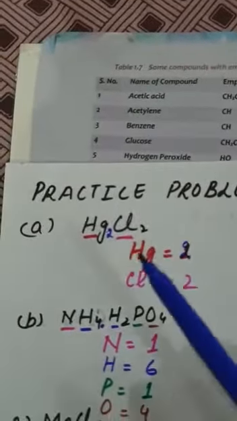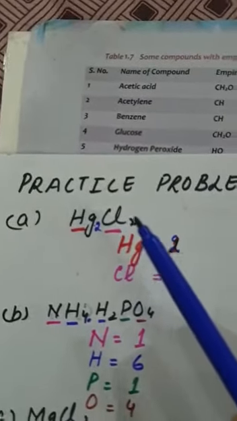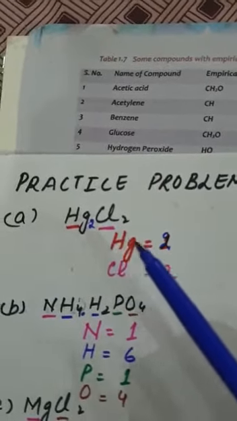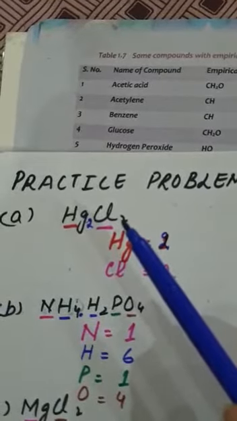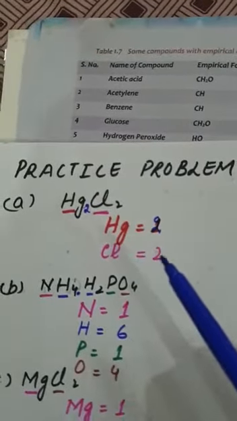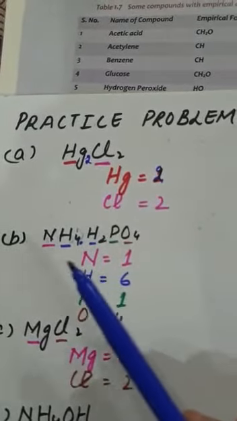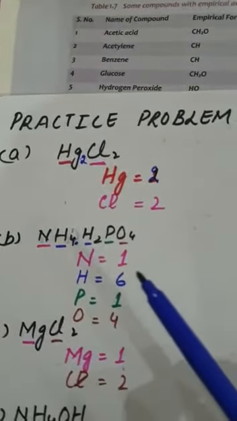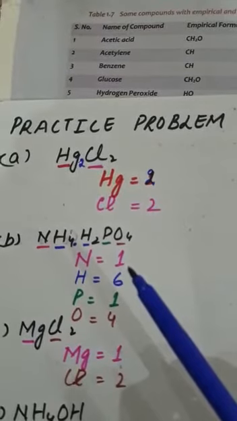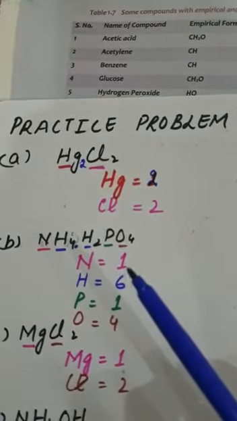In the first case we have Hg2Cl2. The number of Hg atoms will be 2, and the number of Cl, that is chlorine, will be 2. Similarly, we have a second formula unit and we calculate the number of atoms.